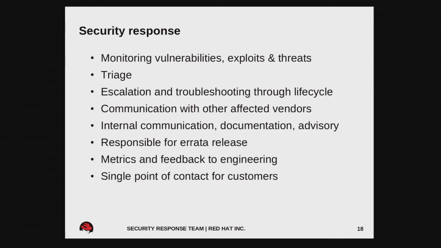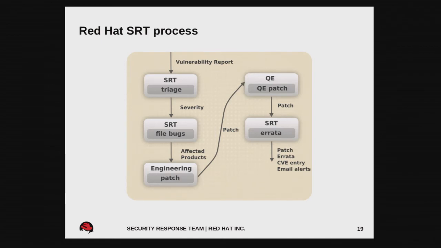The security response team, I don't need to tell you guys what a security response team does. We are the ones who fix the issues when they're found in the product. That's the process that we go through whenever we get a vulnerability report, and that can be from upstream, from a vendor mailing list, from a direct report from a researcher, or it can be that we found it internally.